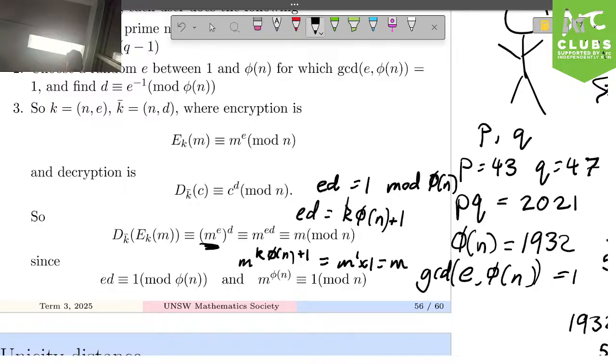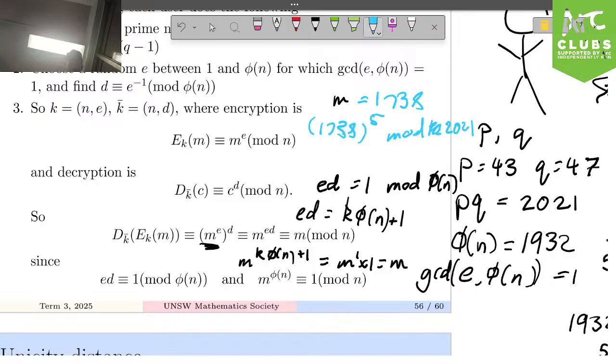So if I were to say encrypt the message m, if you wanted to send me the message 1738, then what you would do is take 1738 to the 5th power, because that's the public key I sent you, and you would write that mod 2081.